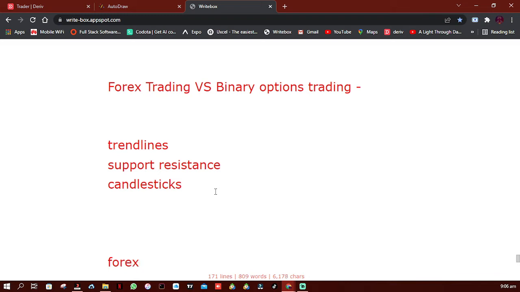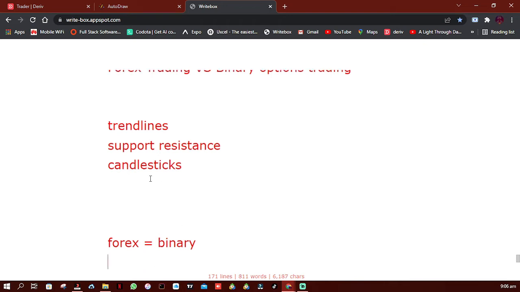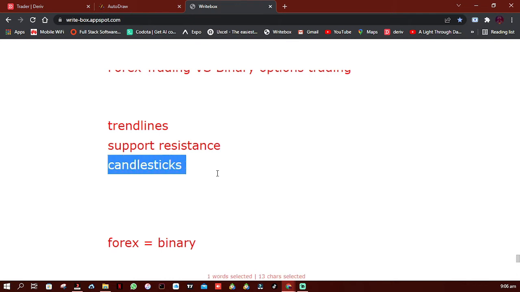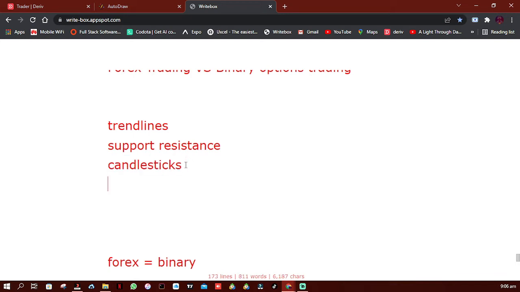Once you are good in forex trading, then go to binary options. This is based on my experience, but you can try both and see which one is good for yourself. The most important things to start with are trend lines, then support and resistance, and then candlesticks. Once you know these three things, you'll be okay, and you won't have to rely on repainting indicators.